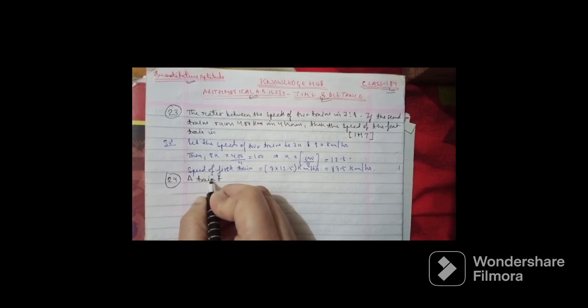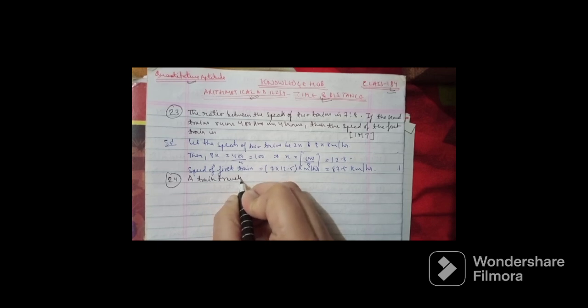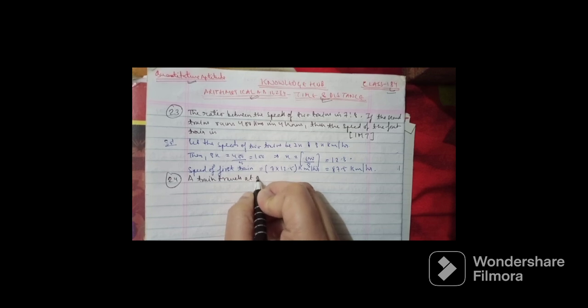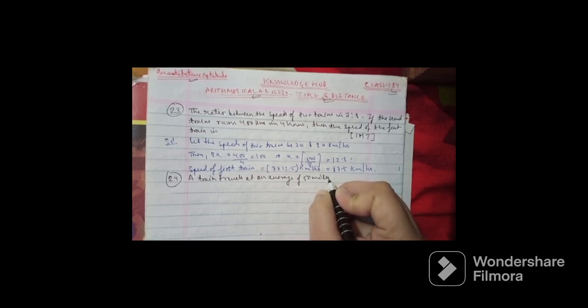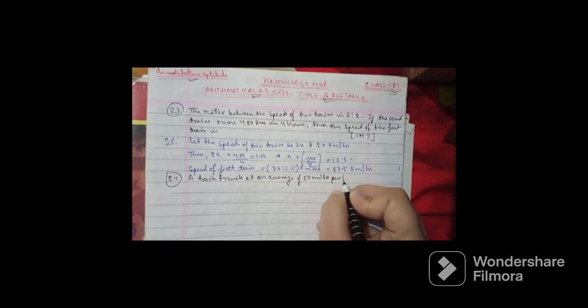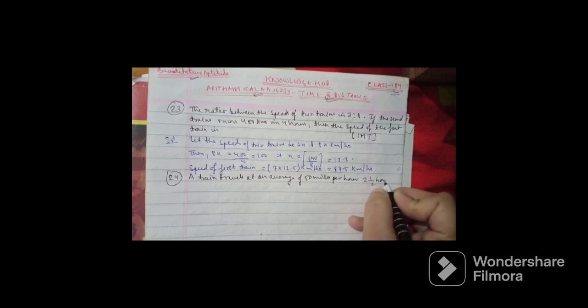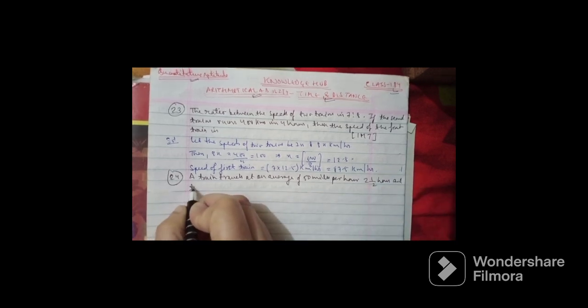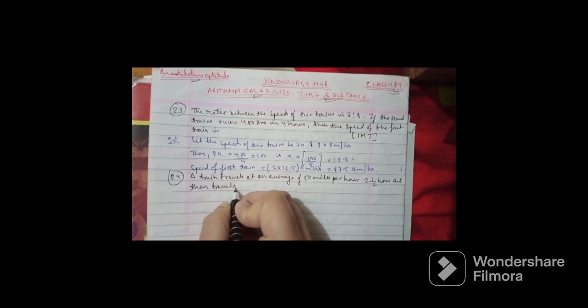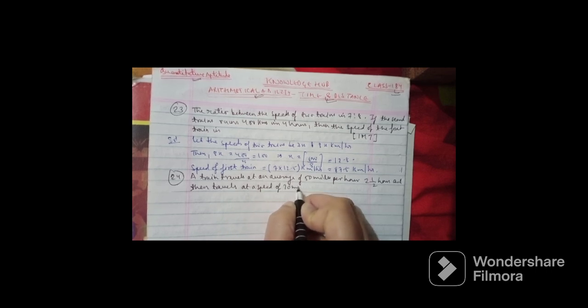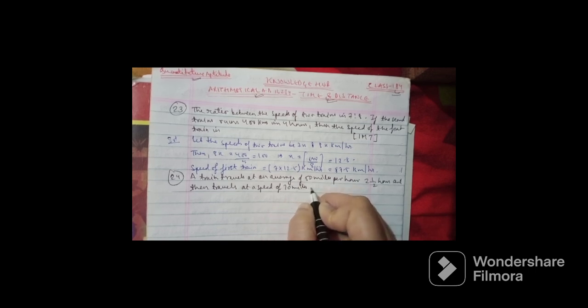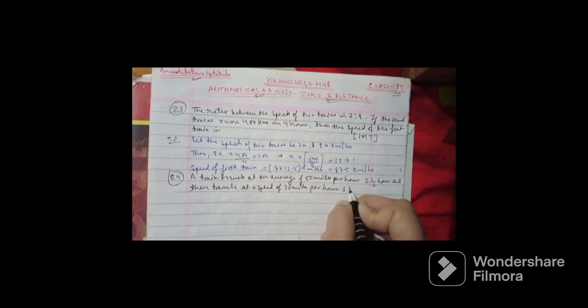A train travels at an average of 50 miles per hour for 2 1/2 hours and then travels at a speed of 70 miles per hour for 1/2 hour.